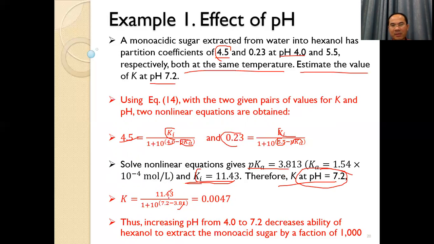You can substitute 7.2 and then solve for K. The final conclusion, you can see that at pH 7.2, K is 0.0047, at pH 5.5, K is 0.23, and at pH 4, K is 4.5. You can see that when you increase pH, K value will decrease for this problem.